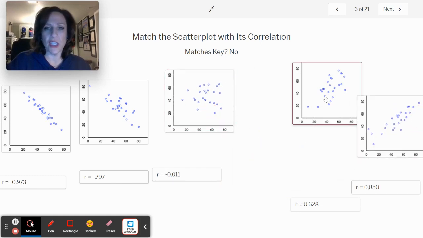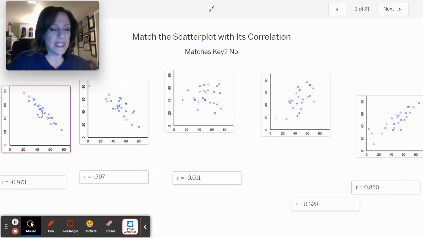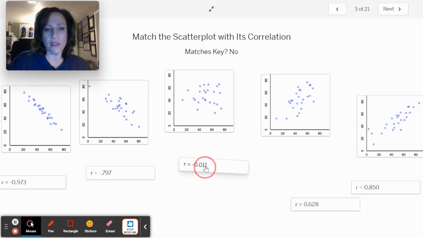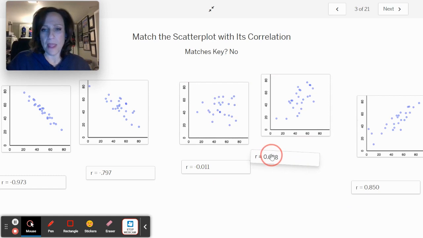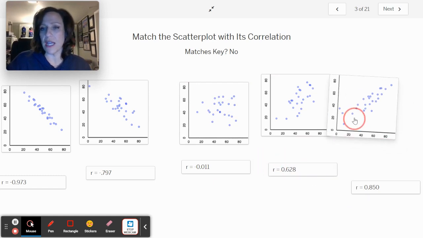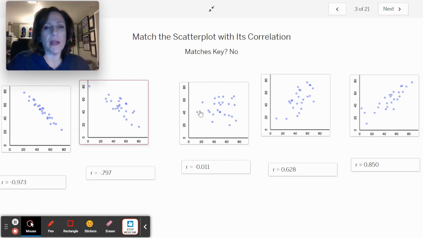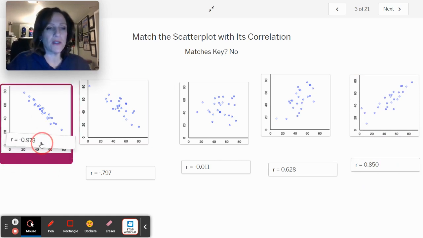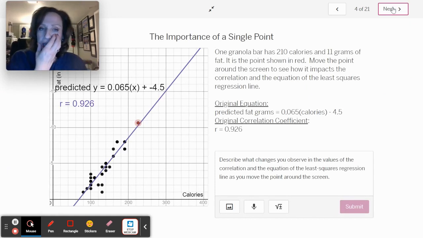All right, so you're taking a look at ones that are the negative strong, the negative weaker, not very much linear correlation, the medium strong, and then the strong positive. You're going to want to connect all those together and see if you have any matches that are working. All right, I'll let you finish that up.